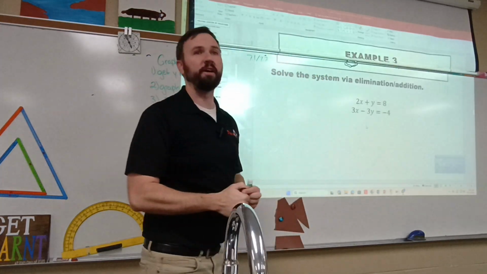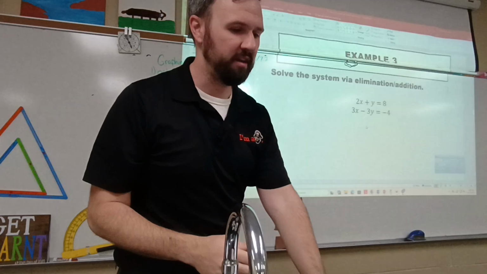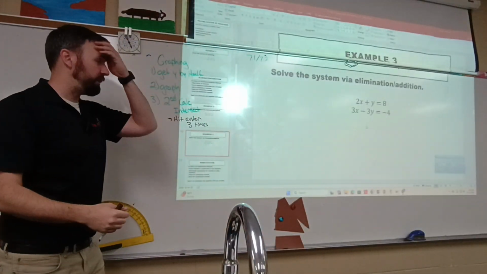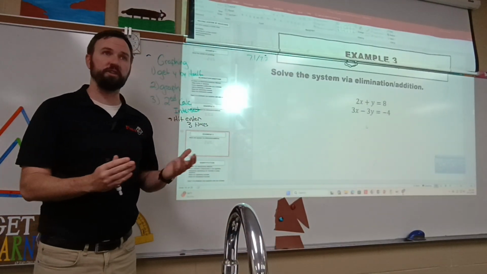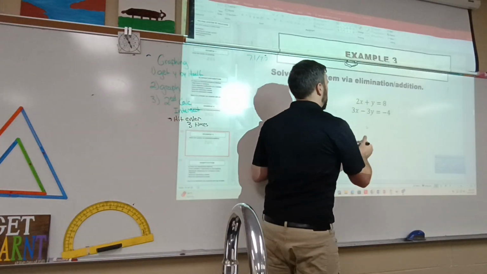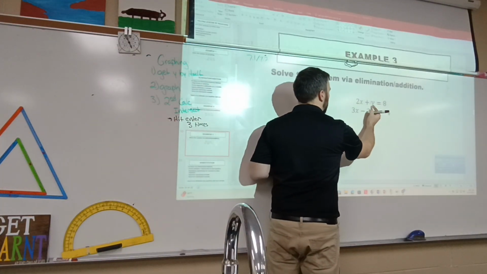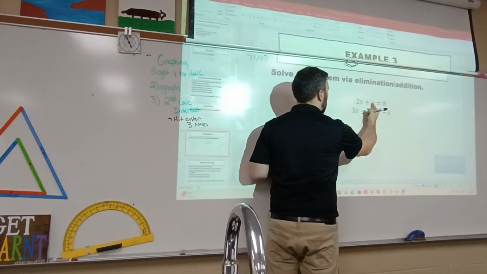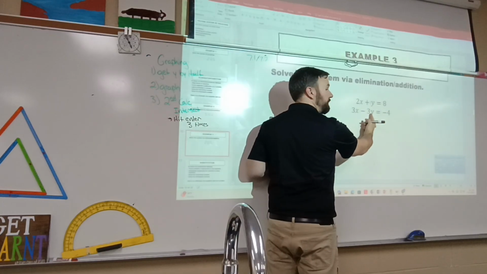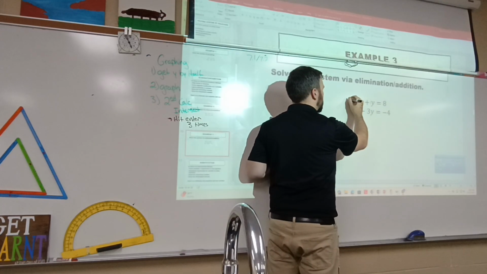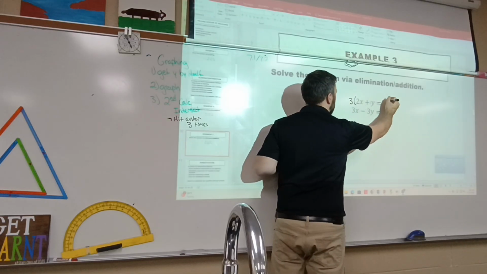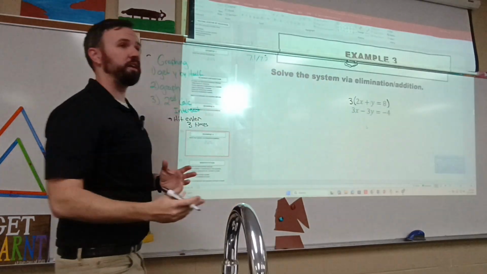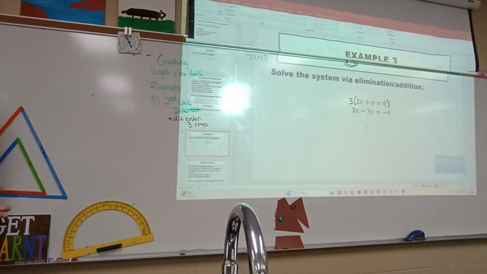Am I getting rid of any letters? No. Is there a way I can get rid of a letter by multiplying one of the equations by something? This is a 1y, right? What can I multiply that by to get something that would eliminate that? 3. But now what do I have to times by 3? The whole thing, right? It's a balanced equation.